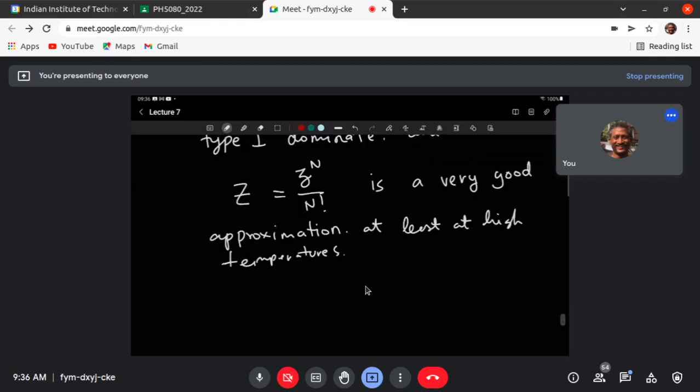Okay, so now what we have is a partition function. So Z, we already computed, so now we are ready to write. So for an ideal gas with n particles, we can use this method.